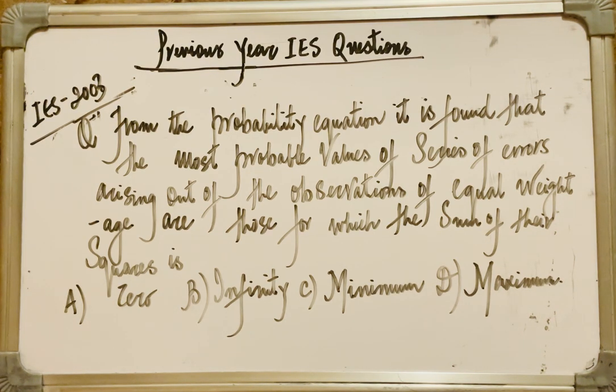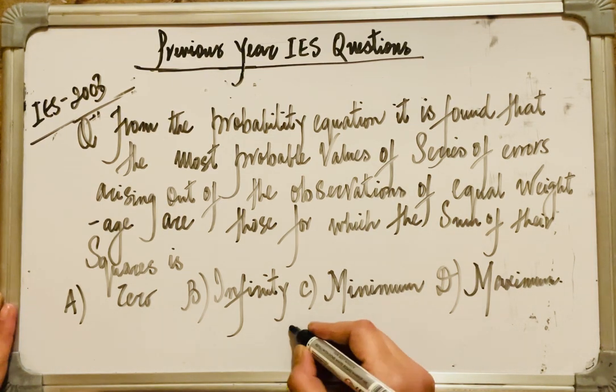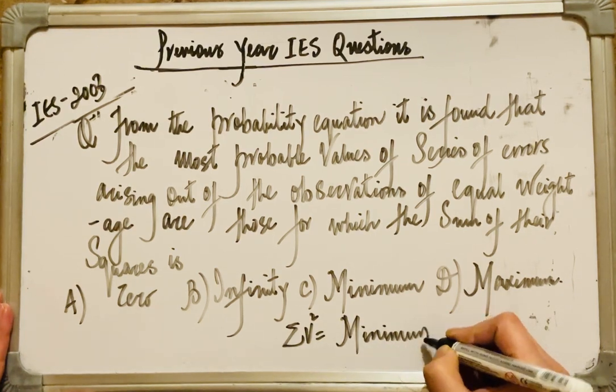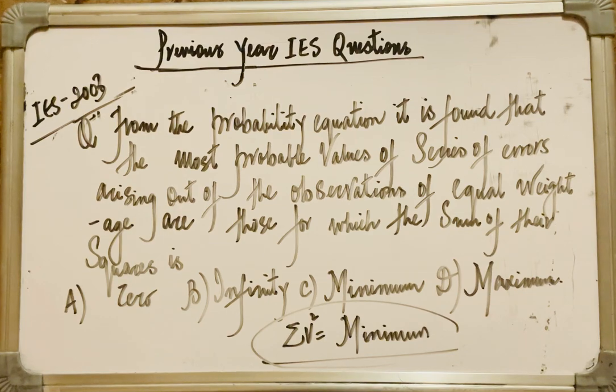We know that according to the theory of least squares, if the measurements are of equal weight, the most probable value is that which makes the sum of the squares of the residuals a minimum. So the answer is option C.